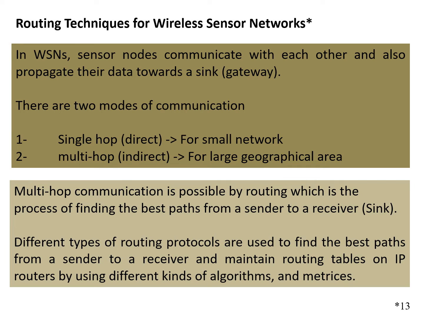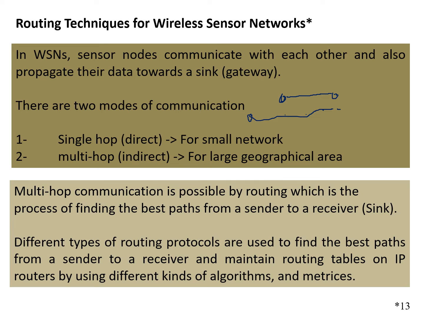As I told you, with single hop there are two modes of communication. Single hop, where one node is directly connected to the sink, and multi-hop, where one node is connected with the sink through many nodes.